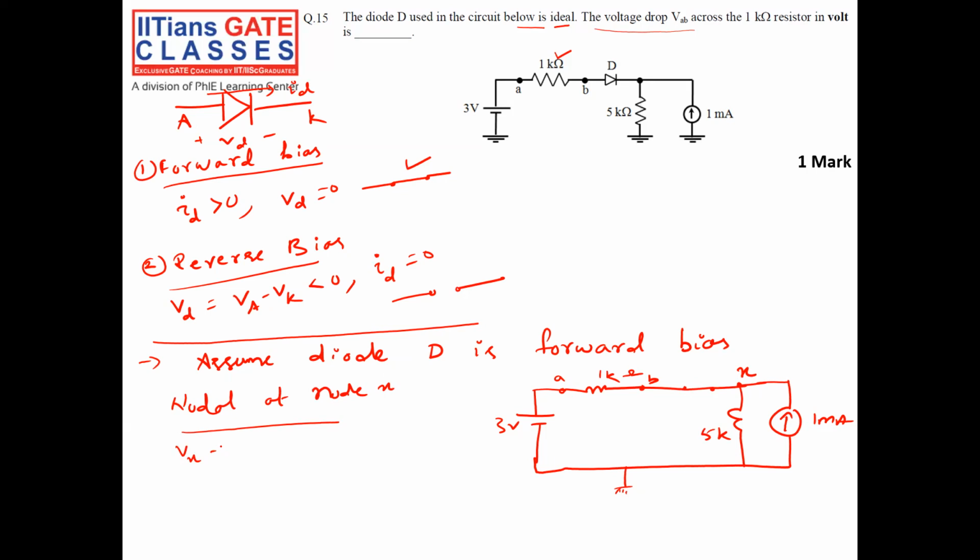So (Vx minus 3) by 1k is this current, plus (Vx minus 0) by 5k. The current going to the load is 1 milliampere. This implies (Vx minus 3) by 1k plus Vx by 5k is equal to 1 milliampere.